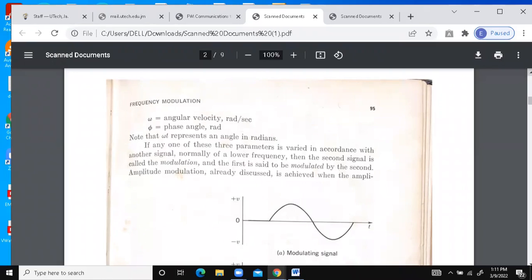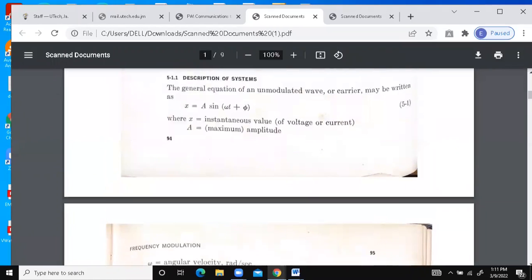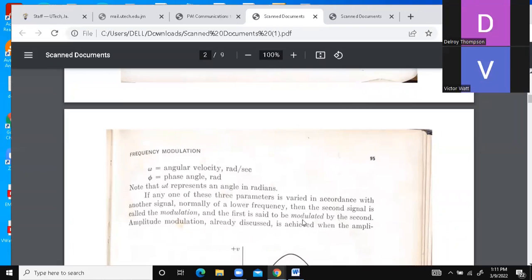Here, omega t is the angle in radians. If any one of these three parameters is varied in accordance with another signal, normally of a lower frequency, then the second signal is called the modulating signal, and the first is modulated by the second.